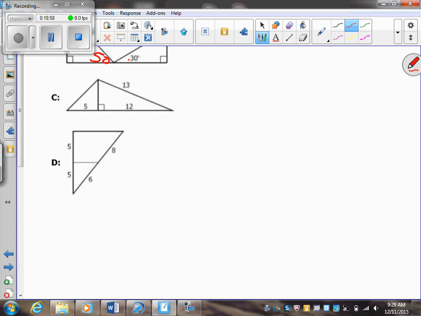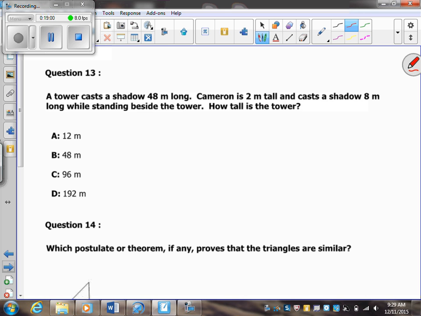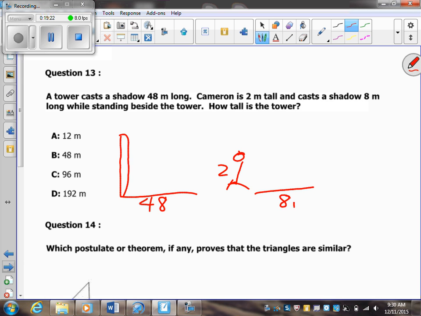All right, next is number 13. It says the tower casts a shadow of 48. Cameron is 2 meters tall and casts a shadow of 8. So you have a tower casting a 48 shadow. This is my tower, whatever shape it is. You have Cameron here, who is 2 meters tall and casting an 8 meter shadow.